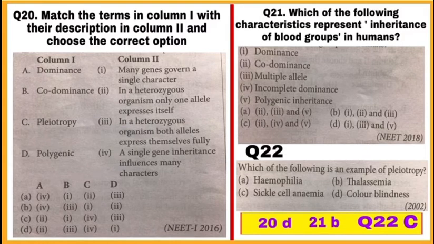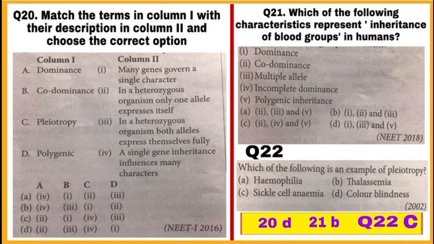B, codominance, matches with 3, that is, in heterozygous organism, both alleles express themselves fully. C, pleiotropy, matches with 4, that is, a single gene inheritance influences many characters. One gene influences more than one character in pleiotropy.